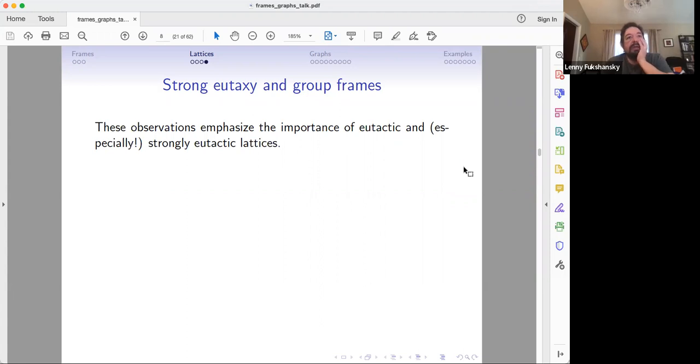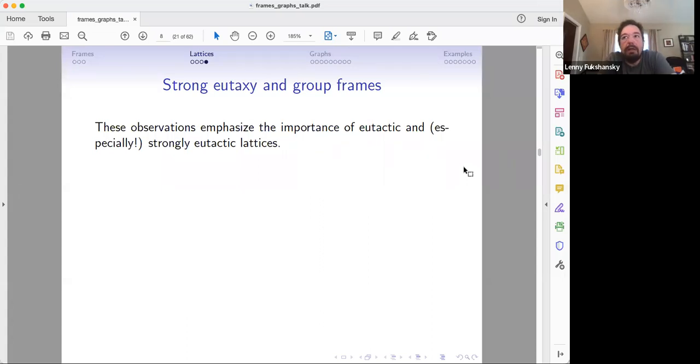Perhaps I should mention, though I don't have it in my slides, a very nice theorem of Avner Ash from the 1970s, much more recent than Voronoi, which says that any eutactic lattice is a critical point of the packing density function.